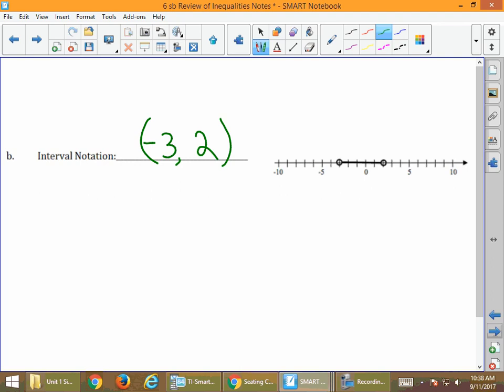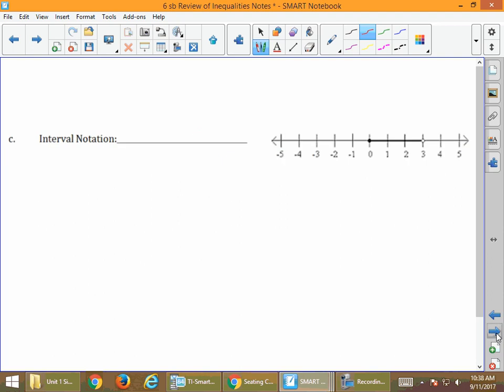It is in interval notation. Letter C. To the left, we see 0. To the right, we see 3. At 0, our number line is filled in, which means we're going to have a bracket. The 3 is an open circle, which is going to have a parenthesis.